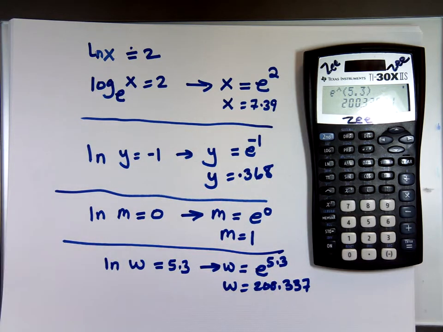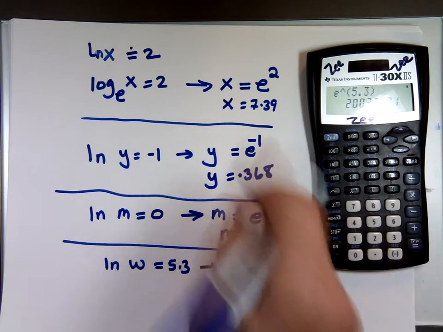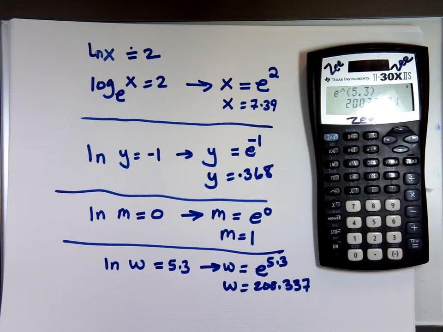I'm not getting, when I do e to the negative 1, I'm not getting anywhere near that. Try it again. Am I still supposed to be in degree mode? Doesn't matter. That has nothing to do with degrees here. You just push the e and then choose a number. Negative 1, yeah. No, you have to put in parentheses.